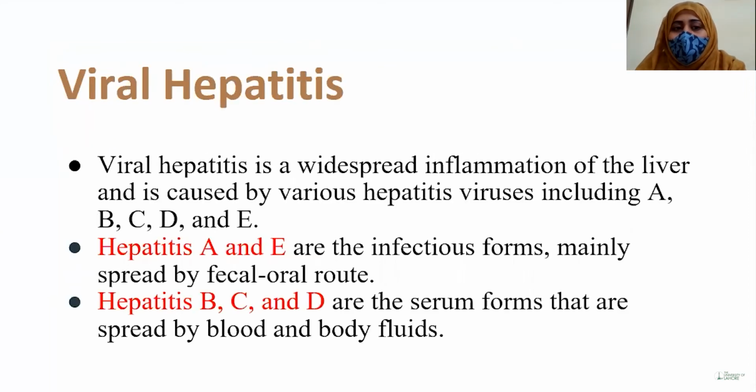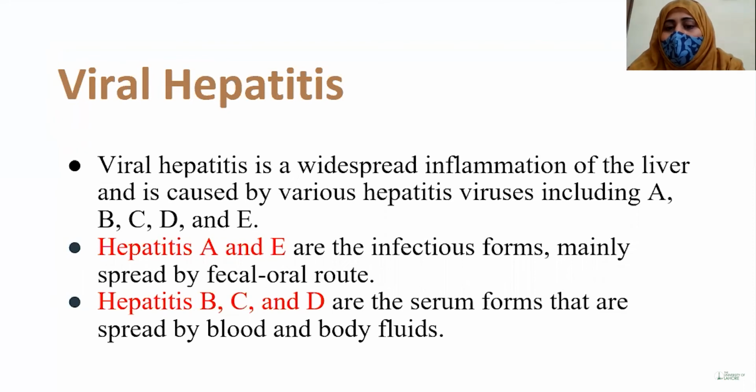First of all, we will discuss viral hepatitis. Basically, viral hepatitis is a widespread inflammation of the liver caused by various hepatitis viruses, including A, B, C, D, and E. Hepatitis A and hepatitis E are the infectious forms mainly spread by the fecal-oral route.